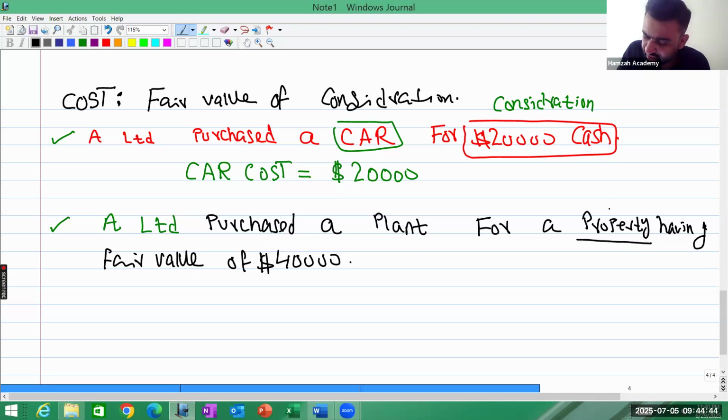Now the property here is the consideration. Property here is the consideration.